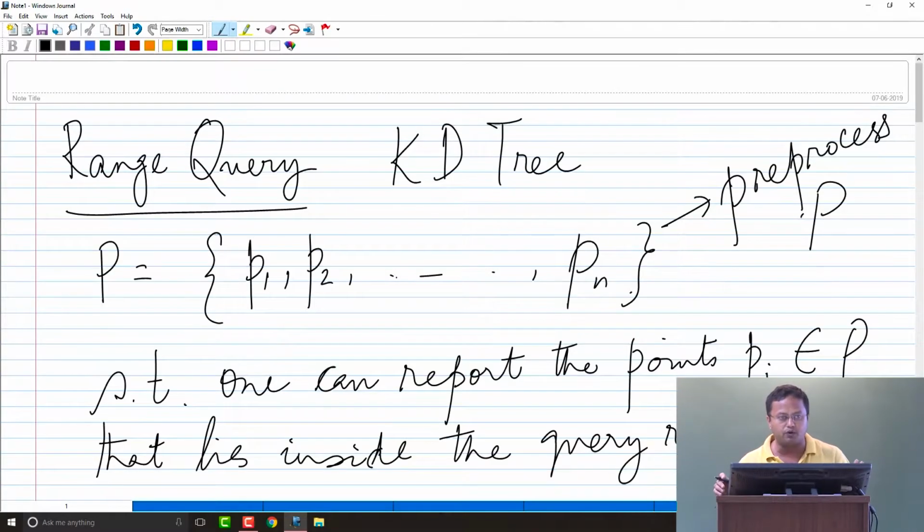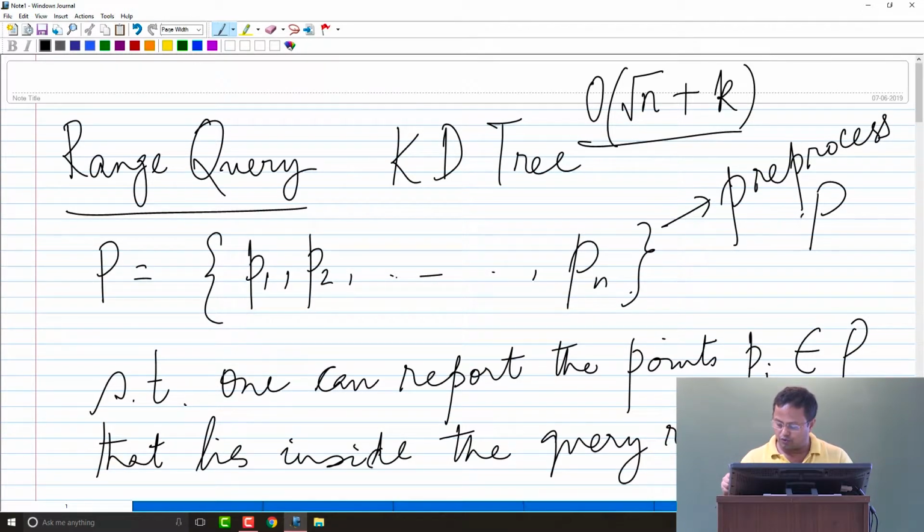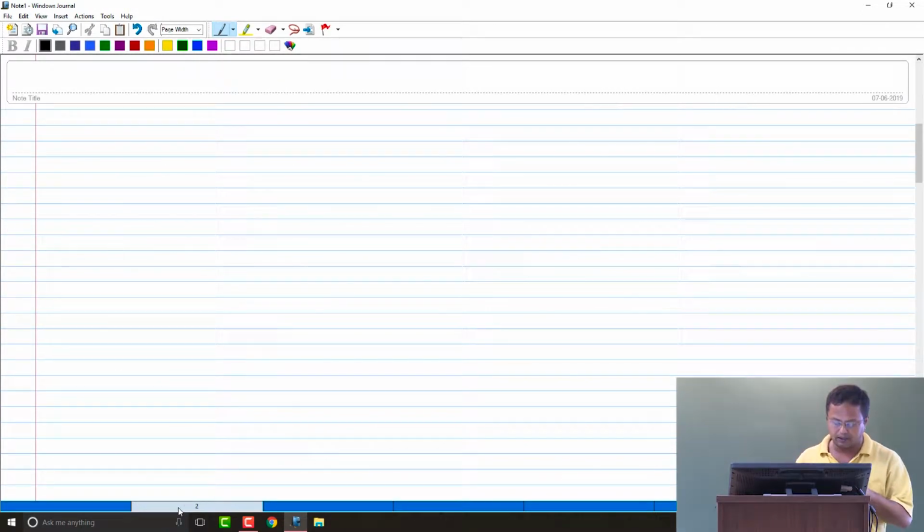And what Orithro dealt with was this problem only in dimension 2, right. Okay. And I think the query complexity that you learnt was square root n plus k, right. So, this was a reporting query.